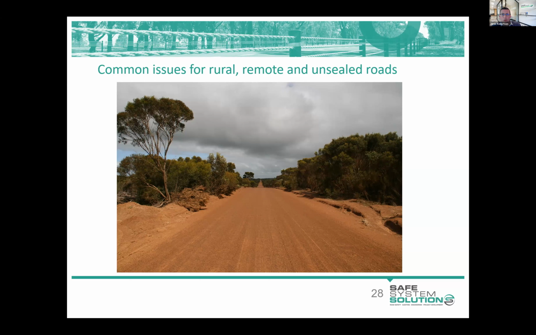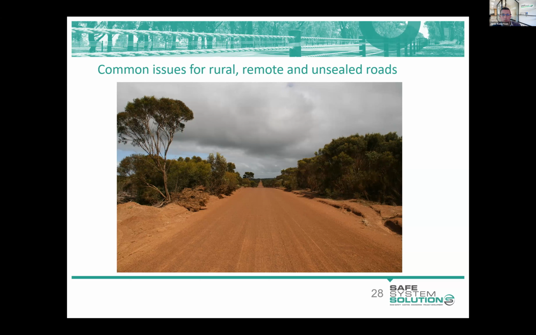They're often long, fairly monotonous stretches of road, as you can see in the image here. So some key things or real safety hotspots occur where there's variation in the road environment.